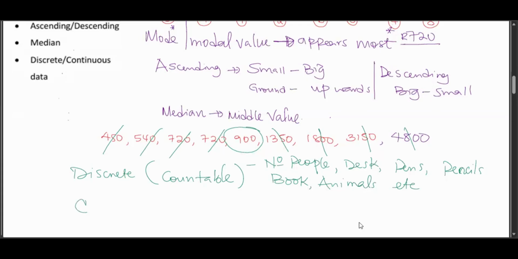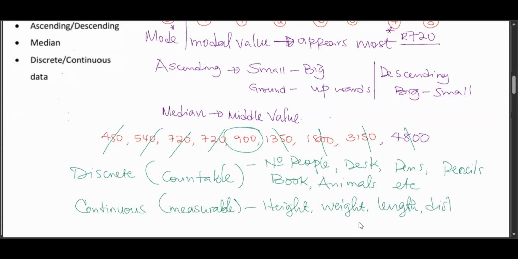Now, continuous. When does data become continuous? When it is measurable. To obtain it, you have to measure. Like the height, the weight, length, distance, temperature.